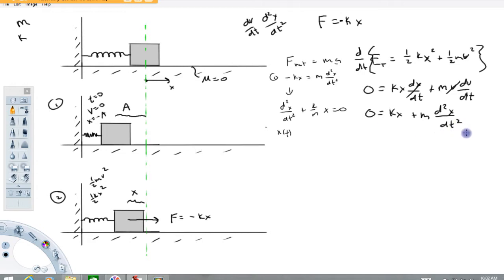So there's our equation as we clean it up a little bit here. And you notice it's basically the same as this. Putting it in standard form, you would divide by the mass. So we'd end up with d squared x/dt squared plus k over m times x equals 0. You notice the same as we got before.